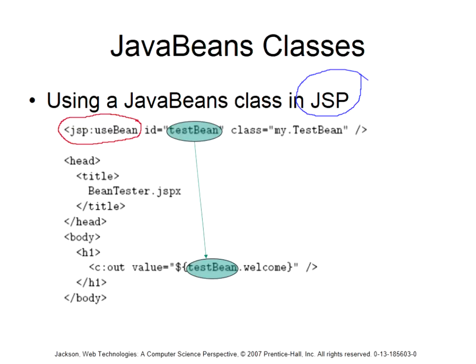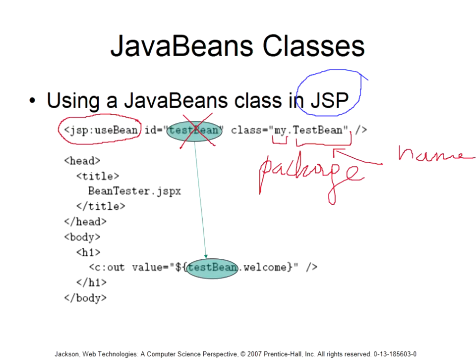What's the name of this instance? Not ID. TestBean. Yes, this is the name of the instance. I can write X here, I can write Y, any name: X, Y, W, object, etc. After that, class my.TestBean. Here, what is my? This is the package. And TestBean here is the name of the class.